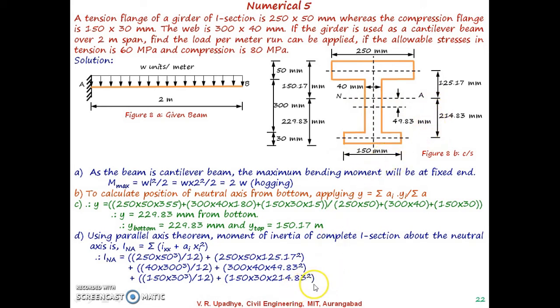That is written over here. Now with all these terms, if you calculate, you get the moment of inertia about the neutral axis of the complete I section as 526.27 into 10 to the power 6 millimeter to the power 4. So this is the first part of the calculations.